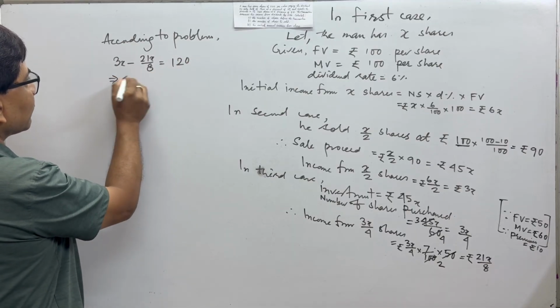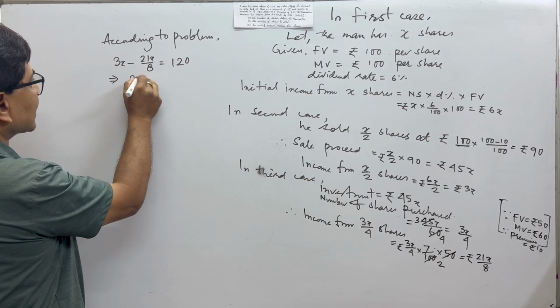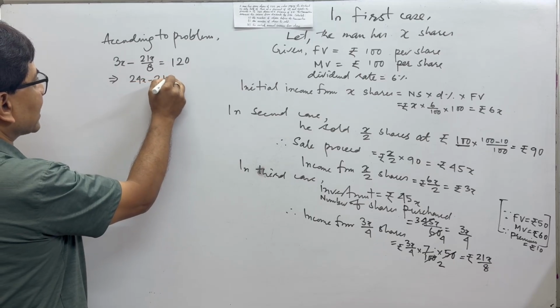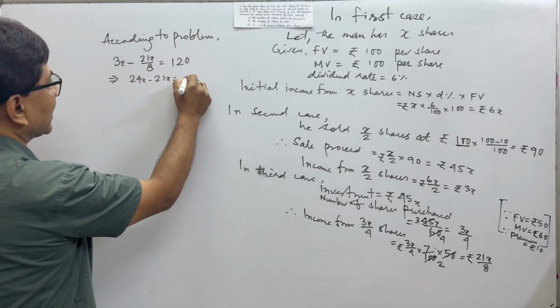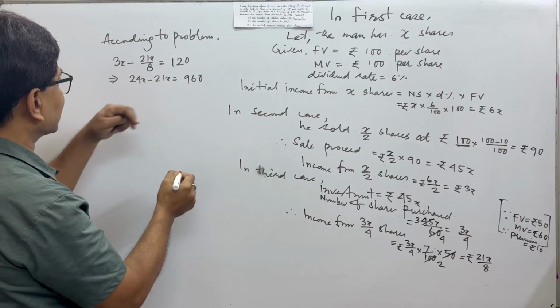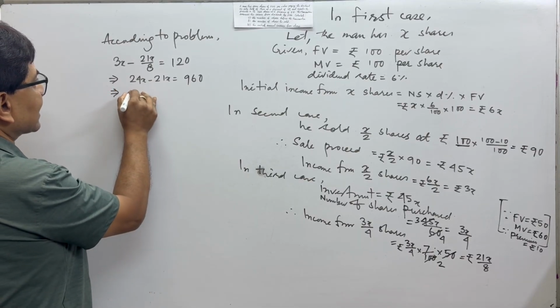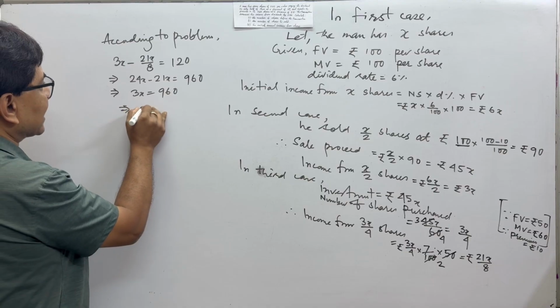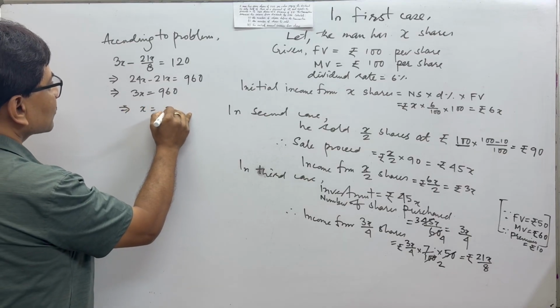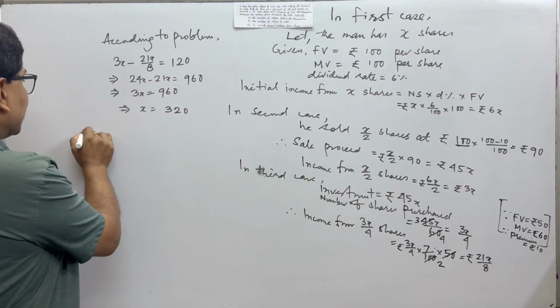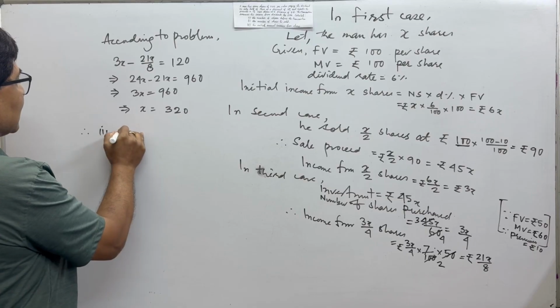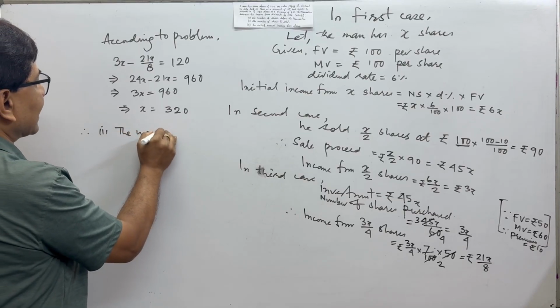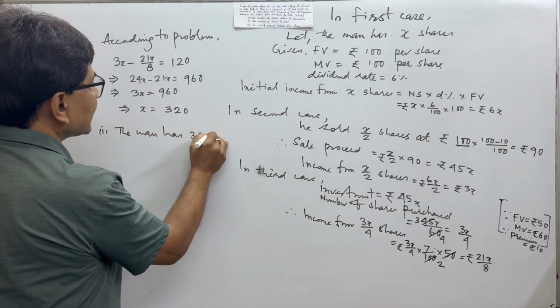So if you solve, 8 3s are 24x minus 21x, and the 8 will be multiplied with 120, so 960. That is 3x equals 960, and we are getting x equals 320. Therefore, number 1, the man has 320 shares.